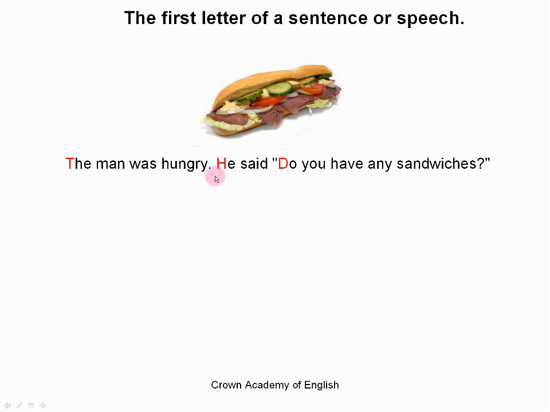So this is the start of the second sentence. Again, we must use a capital letter to start the word. He said. And here, this is speech. This is what somebody is saying. So again, the first letter of speech is always a capital letter. Do you have any sandwiches? So this is a capital letter D.